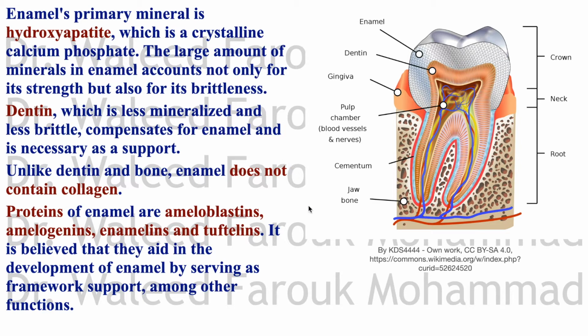The proteins of the enamel are the ameloblastins, the amelogenins, and the enamelins, tuftelins, and they aid in the development of the enamel by serving as a framework support, these proteins we talked about.